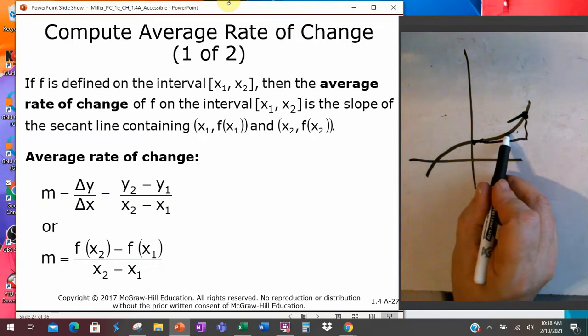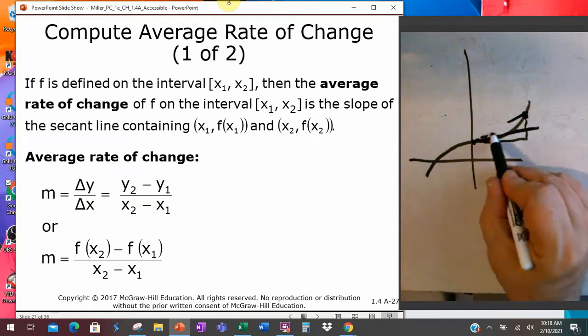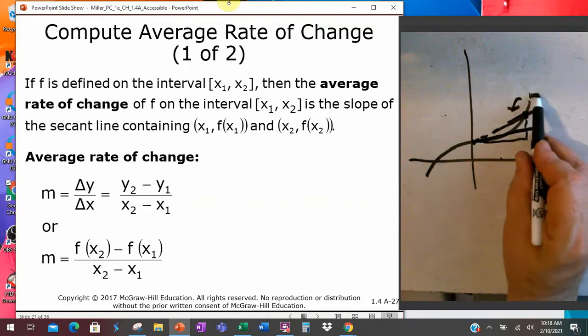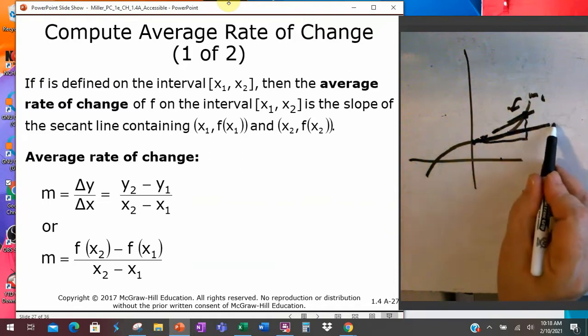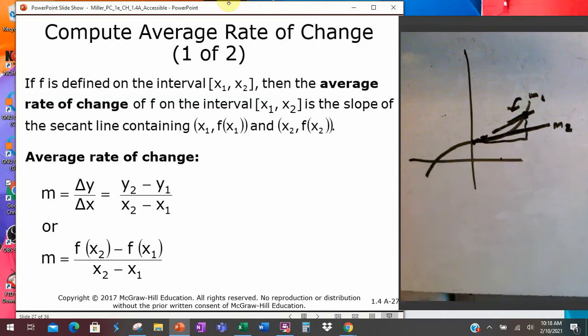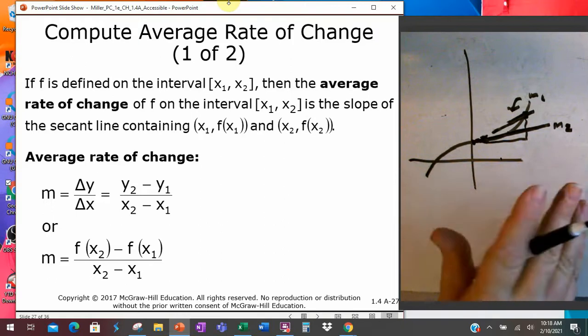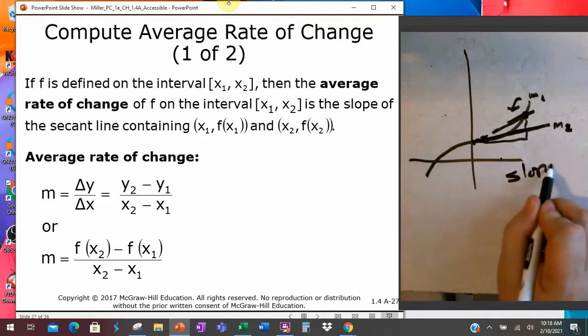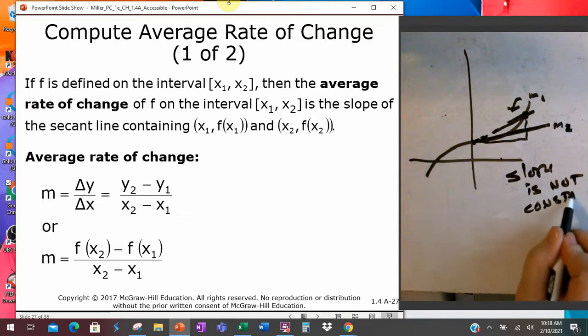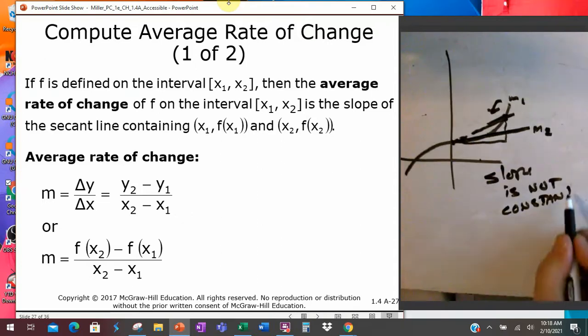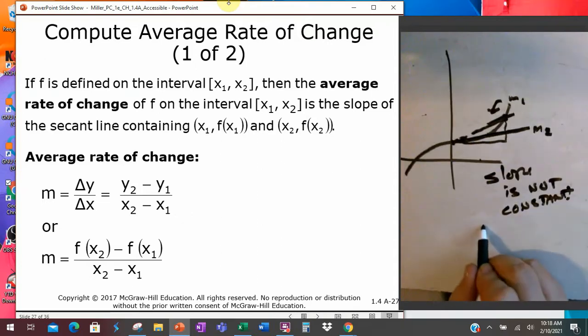What about if I pick this point? Then I get this line. Here would be that line, that would be the slope. If I did here, I've got another line. This is a different slope. For general functional curves, the slope is not constant. Okay, so what I need to do is something like the average slope. Okay, average slope.